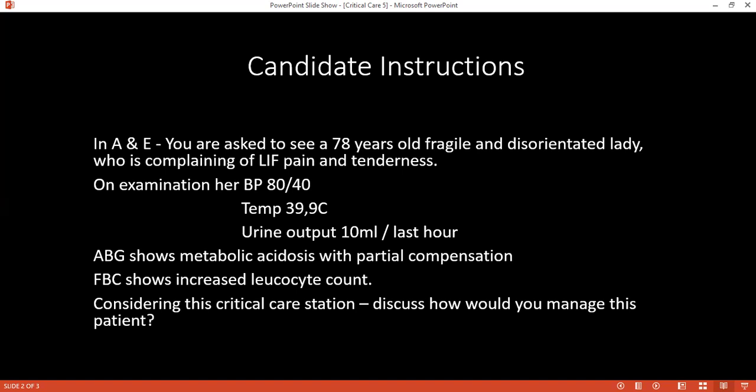But my main cause is dehydration. The patient is also undergoing metabolic acidosis and acute kidney injury.